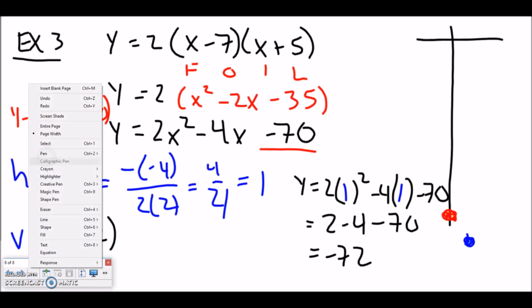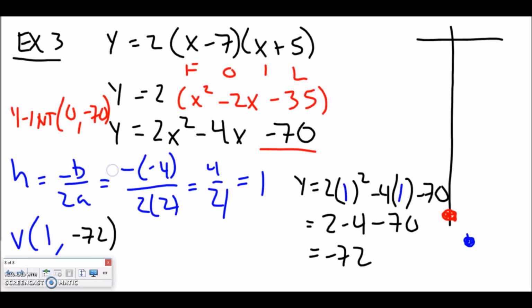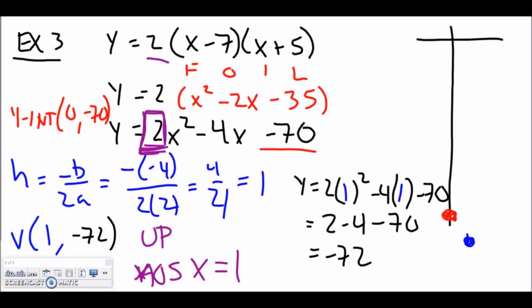We can look at our a term. A is 2, which is positive, so this opens up. We can also look at our vertex and know our axis of symmetry is x equals 1. If we wanted to draw that dashed line, we could.